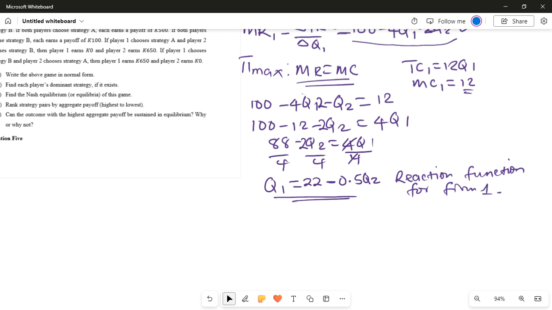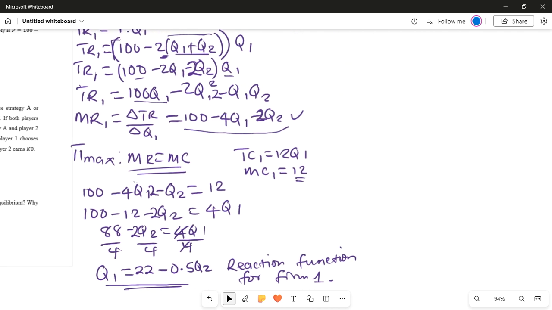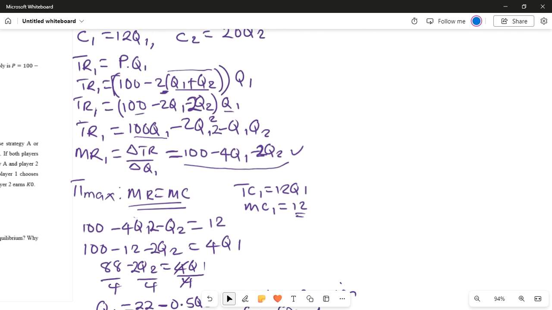We have managed to derive the reaction function for firm 1. Now the target is, can we also derive the reaction function for firm 2?